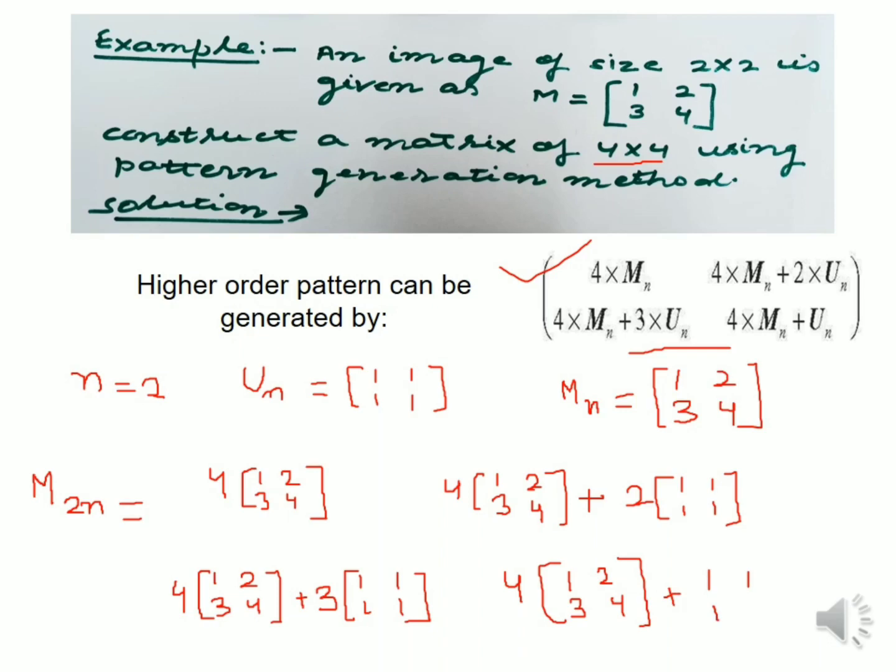So you have substituted the values of Mn and Un in this equation to get the higher order pattern when n is equal to 2. So M of 2n is coming out as M of 4, which gives us a matrix of order 4 cross 4. Now you just have to simplify it, with matrix multiplication.